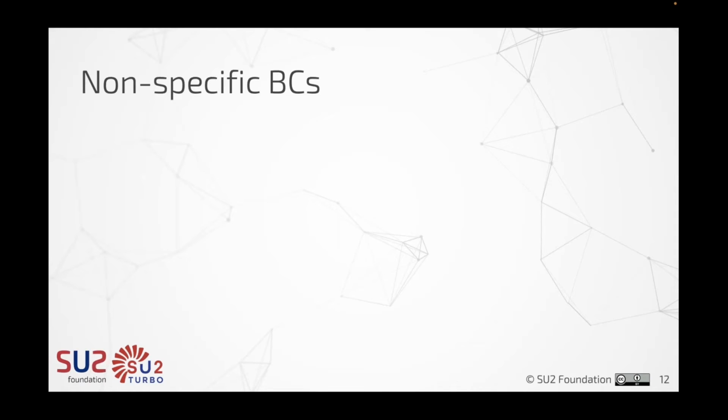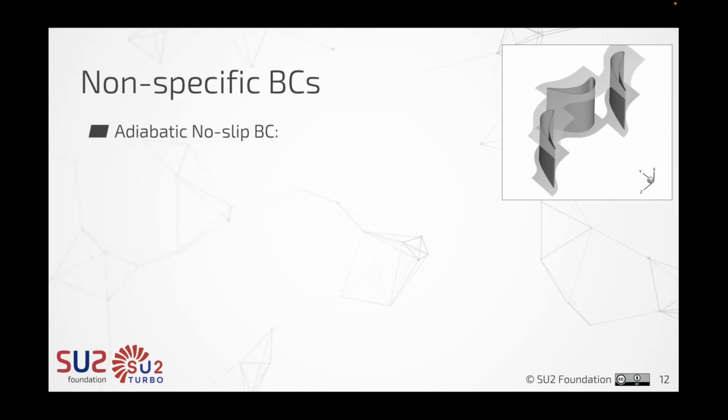And we'll start with some boundary conditions which are not specific to turbomachinery cases, but maybe more general. The first one is the adiabatic no-slip boundary condition. I'm pretty sure you're all familiar with that, but maybe it's worth still saying a few words. When we are running a viscous calculation, such as a RANS calculation, we have to specify on walls momentum and thermal boundary conditions.